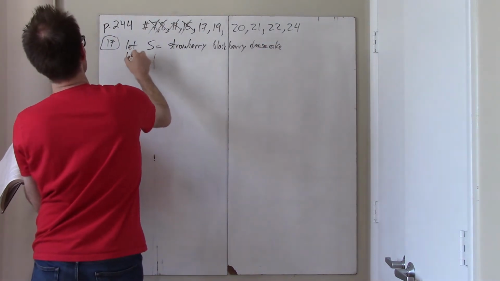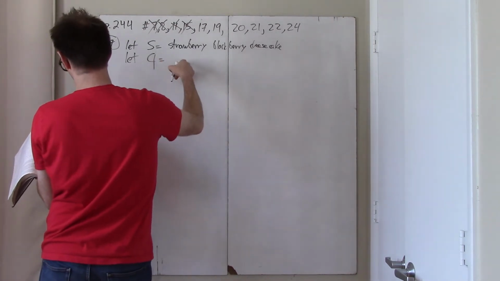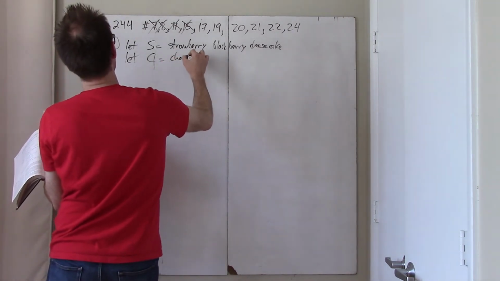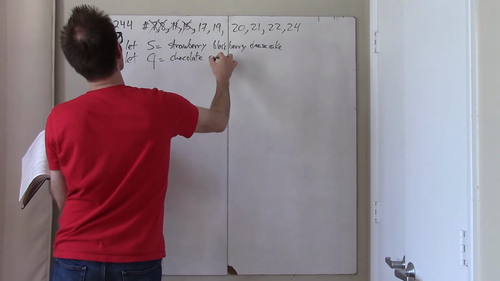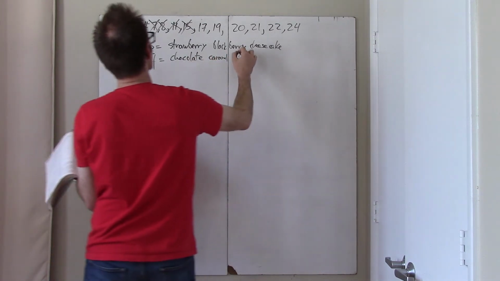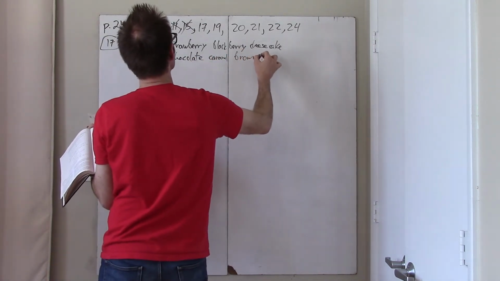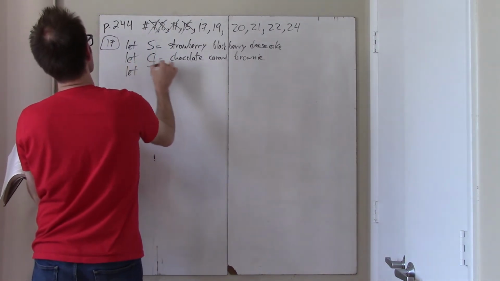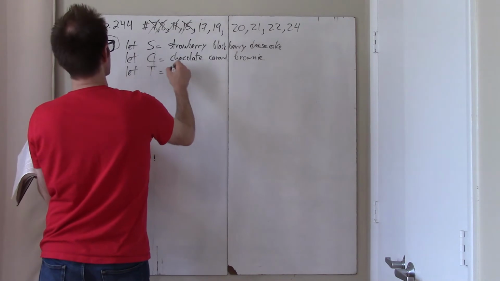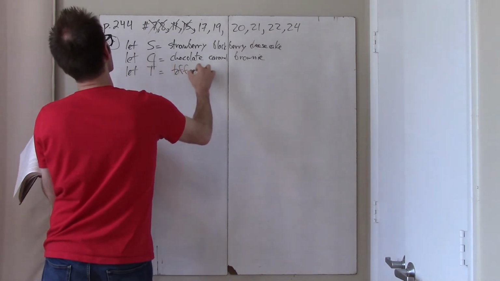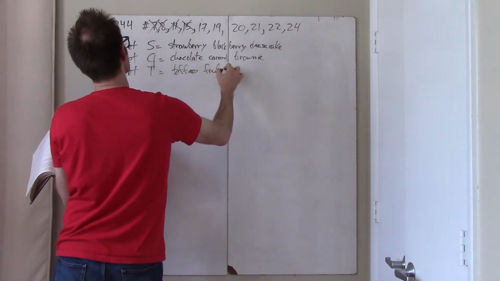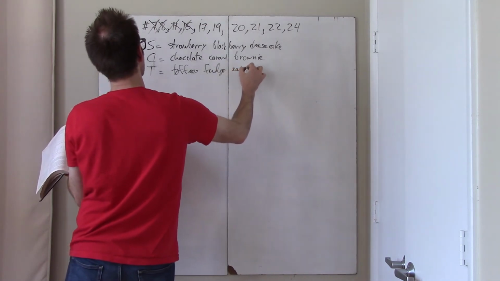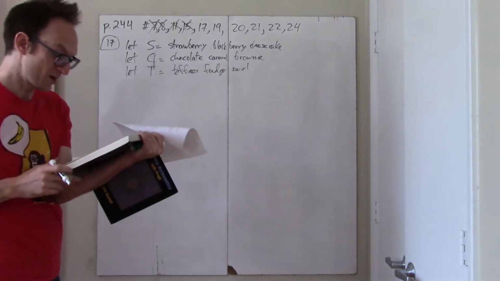And let's let C be chocolate caramel brownie. And finally, let T be toffee fudge swirl.